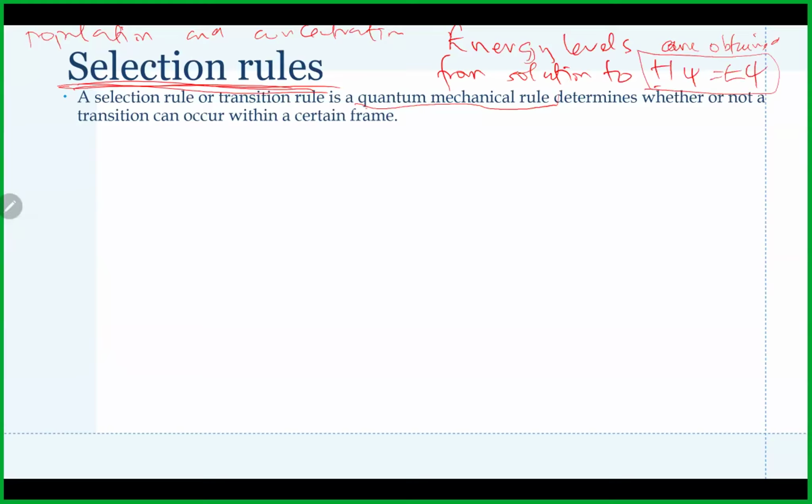Looks very simple, but it can be extremely complicated. So there are different equations that govern rotational motion, vibrational motion, electron transition, translational motion, even spin motion. And you can get several energy values. Now, this psi, let's move on.